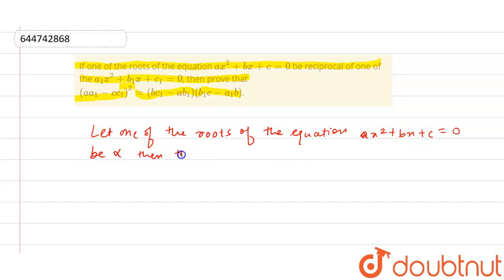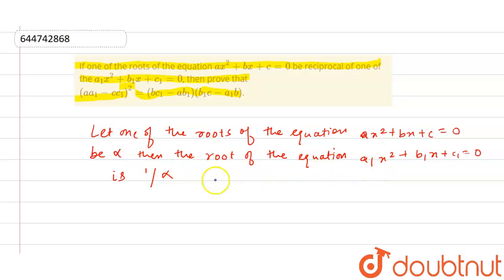Then the root of the equation a1x square plus b1x plus c1 equals 0 is the reciprocal, so a root of this equation is 1 by alpha. Since alpha is a root of the first equation and 1 by alpha is a root of the second, they will satisfy them.